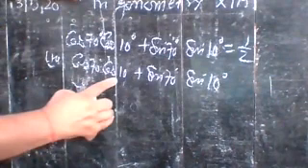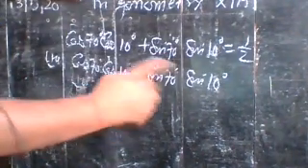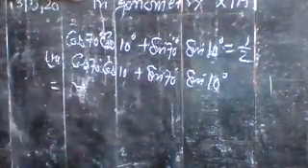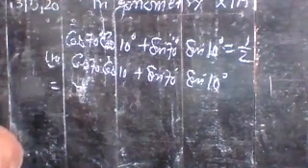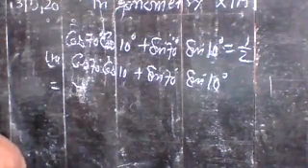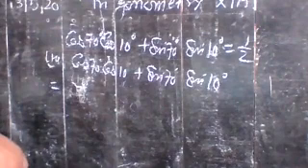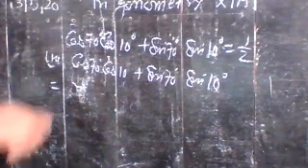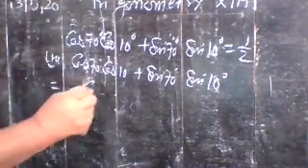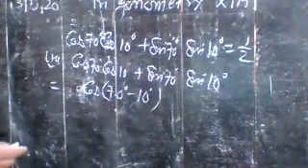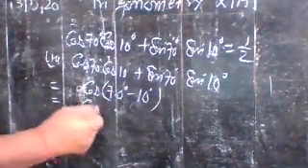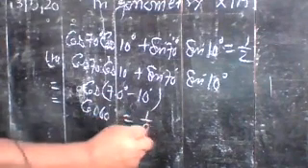Cos x cos y plus sin x sin y is what? Cos x cos y plus sin x sin y is equal to cos(x − y). Yes, applying it, that is equal to cos(70° − 10°). And cos(70° − 10°) is cos 60°, and its value is 1 by 2.